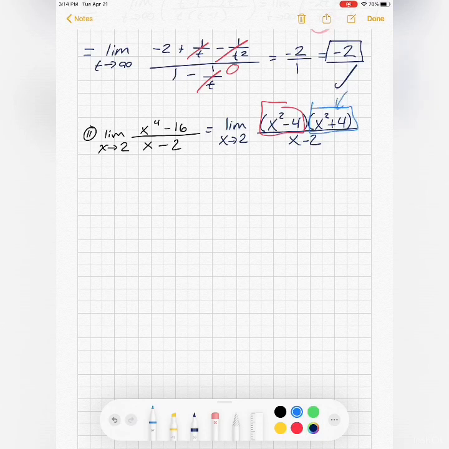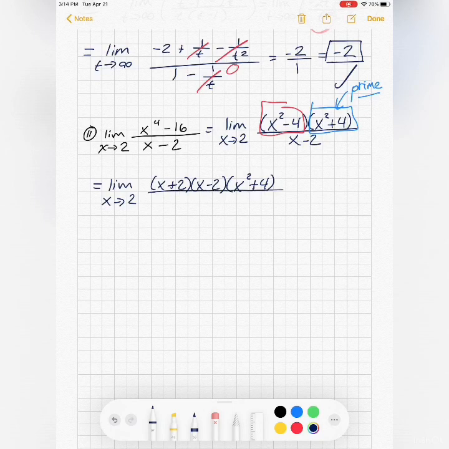Notice that sums of squares are prime. That means that one does not factor. Okay, but the difference of squares will factor. So that's x plus 2, x minus 2, and then my sum of squares stays as it is.